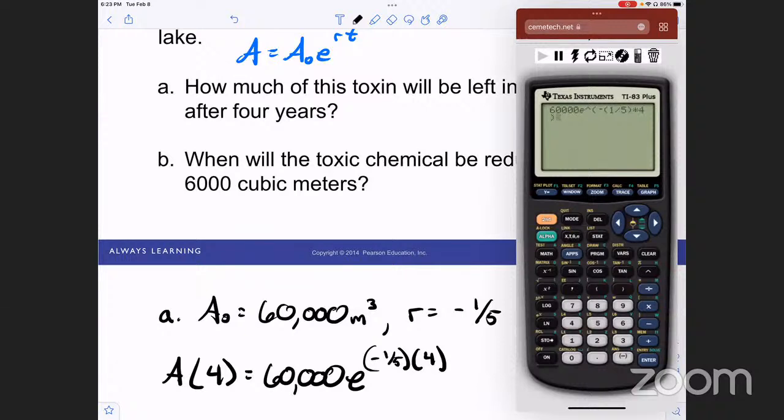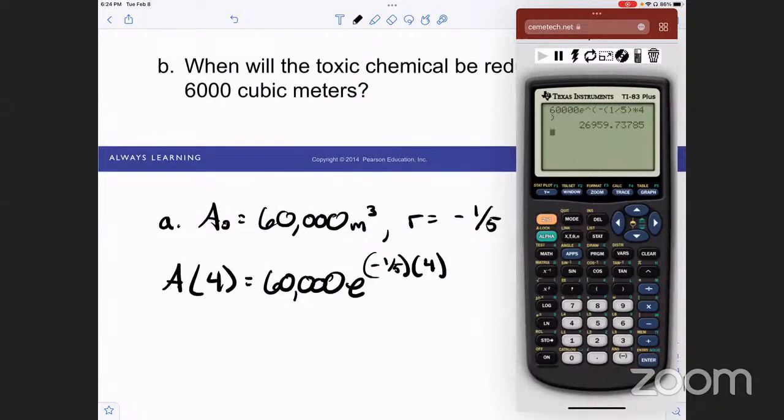With a negative exponent, it should be less than 60,000. Okay, and then just to convince ourselves, if we use a positive exponent, it's larger than 60,000, all right? The one that we think is correct, which is this one.